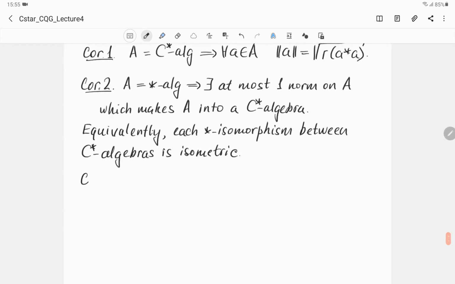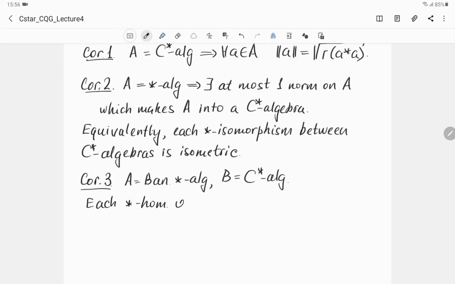Corollary 3 generalizes corollary 2. Suppose that A is a Banach star algebra, and B is a C-star algebra. I claim that each star homomorphism phi from A to B is continuous, and the norm of phi is less than or equal to 1.